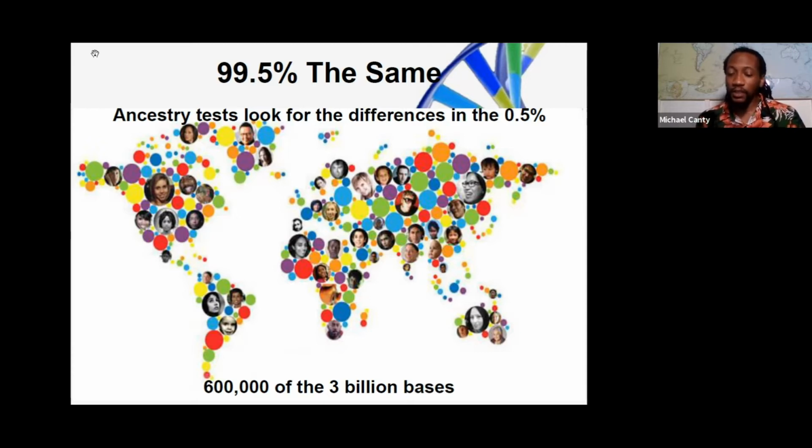So there's 3 billion of those ladder rungs, or steps on the ladder, in a DNA sequence. 3 billion, but 0.5% of that is 600,000. So these DNA testing companies look at 600,000 of those bases to figure out the differences in the humans, basically. I hope I'm not getting too deep there, but that's the general idea of how they analyze your DNA.